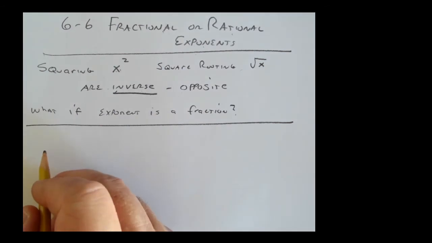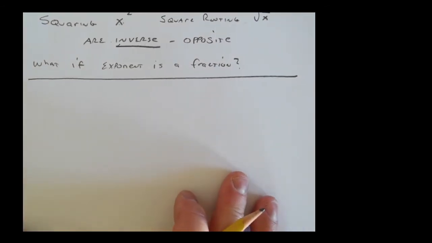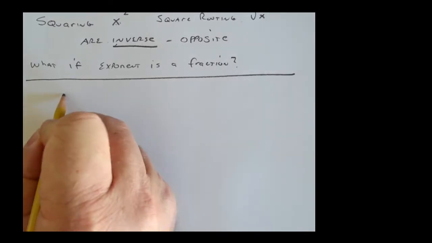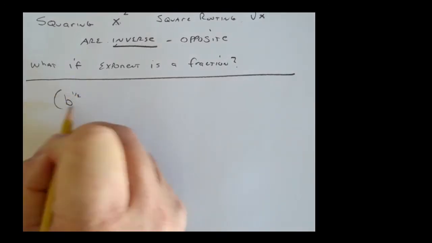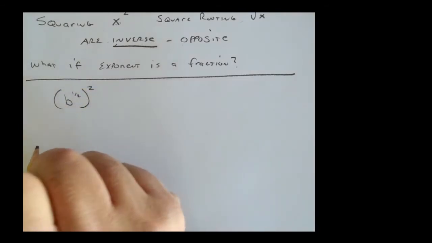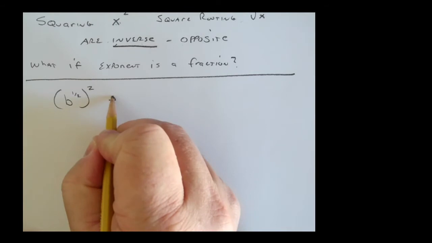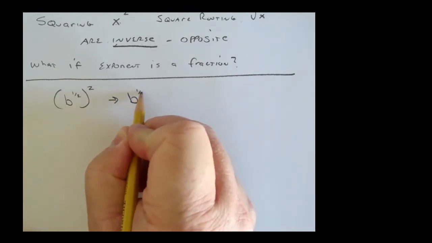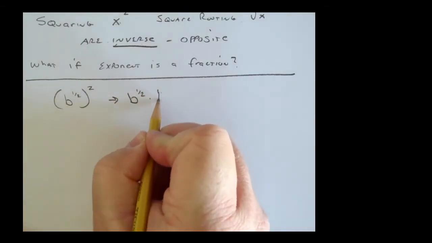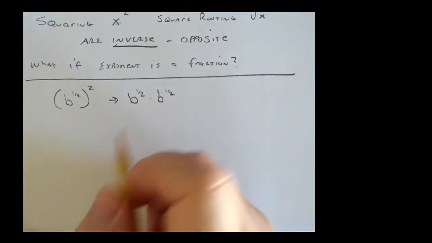And so I'll take you through something that you should take down to keep and refer back to. So I have b to the 1/2. And what happens if I square it? If I square that, we know that means b to the 1/2 times b to the 1/2, because it's times itself.